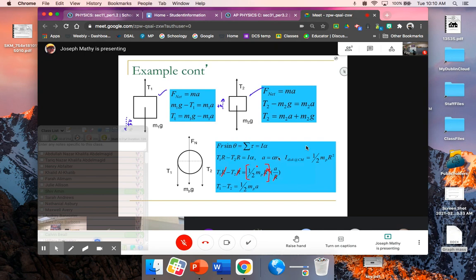So the differences in those tensions are going to cause an acceleration. Guess what that means? T1 can't equal T2.